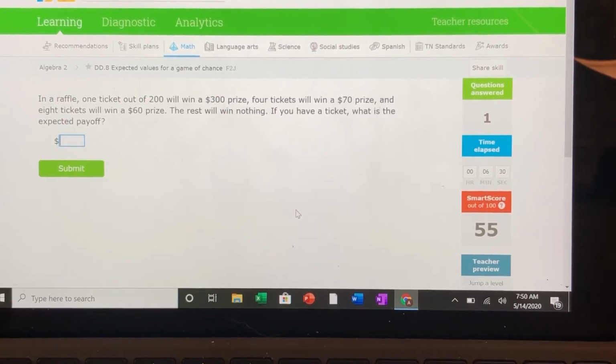Okay, so there's 200 tickets. 1 ticket wins $300, 4 tickets win $70, and 8 tickets win $60. The rest win nothing.